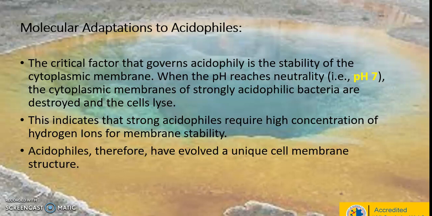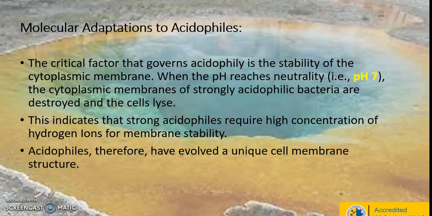The critical factor that governs acidophily is the stability of the cytoplasmic membrane, most important, because the stability of the cell depends on the cytoplasmic membrane, as most of the transportation and signaling is highly dependent upon the structure and stability of the membrane.